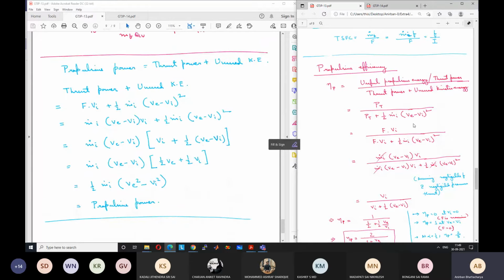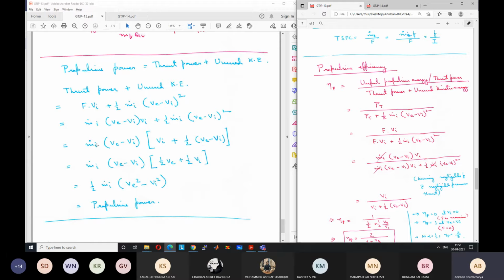So F into Vi plus half m dot I V minus Vi square. This F we can write as m dot I thrust. Remember what thrust was? Thrust is mass flow rate into change in velocity, basically change in momentum. So m dot I V minus Vi into Vi plus half m dot I V minus Vi square.